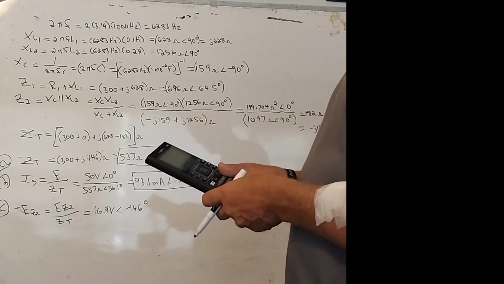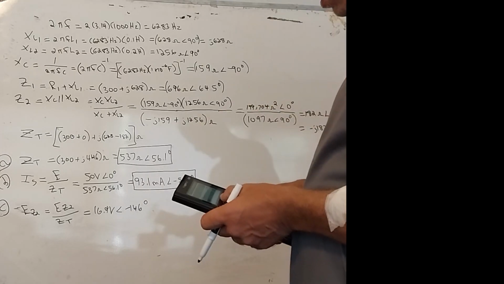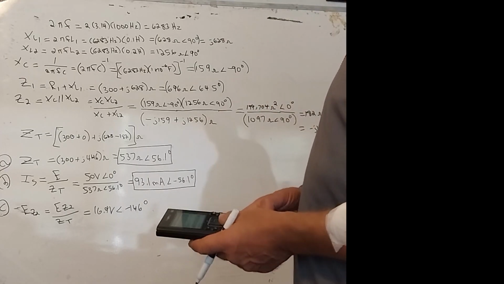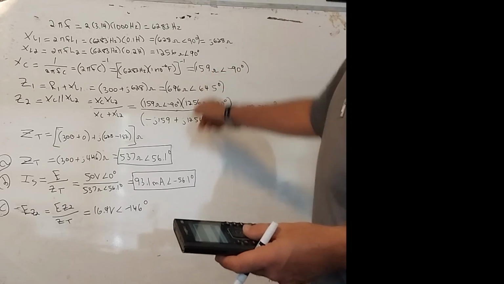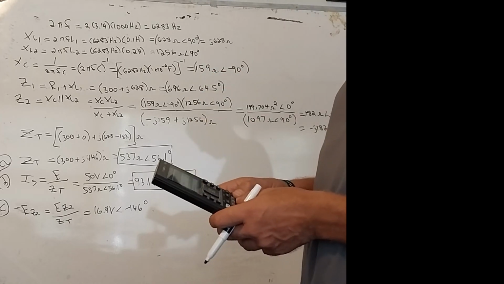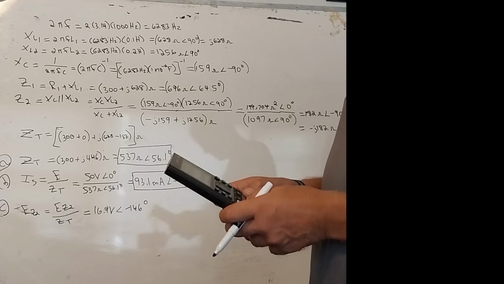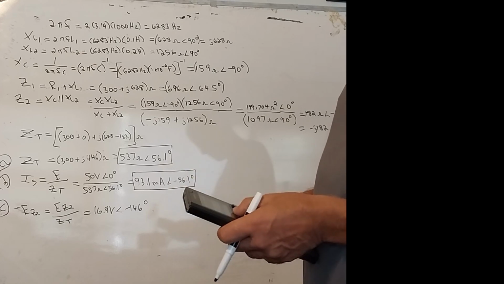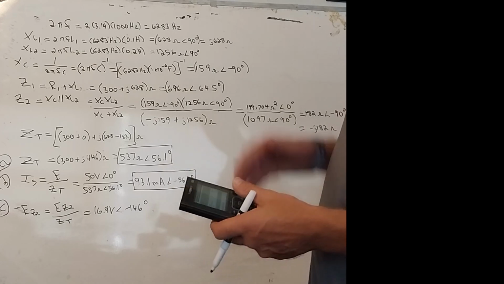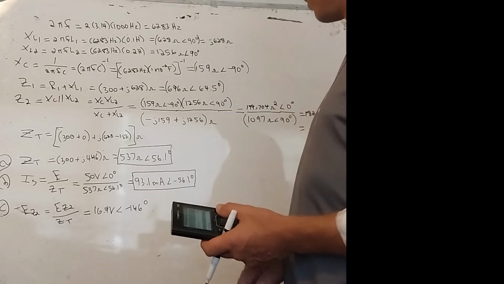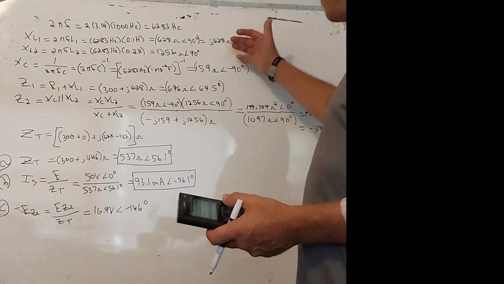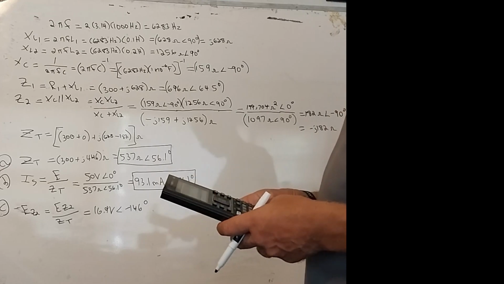Let's take that voltage of 16.9 and divide it by our X of C, 159. That's how easy it is to find the current. You just write your solutions down on a board or paper, and you backtrack to find what value you're using.